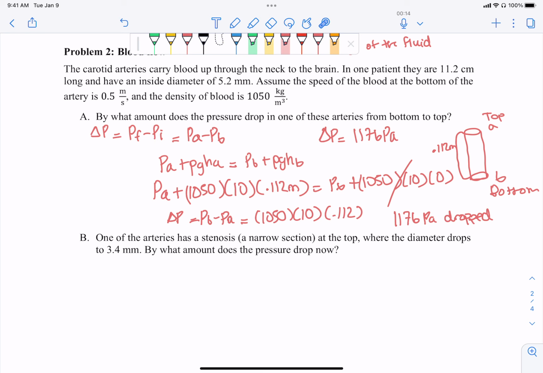So you get negative 1,176 pascals, which that negative sign in and of itself will indicate that pressure has dropped.